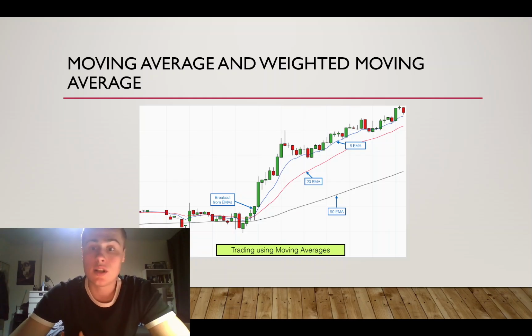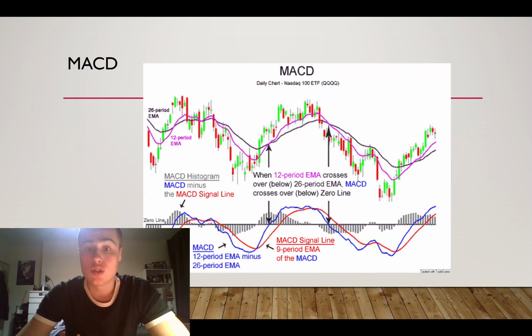With using the other indicators, it helps us to predict the trend and make a well-judged decision of whether we're gonna go long or short.